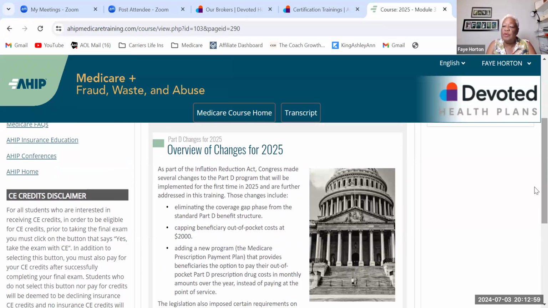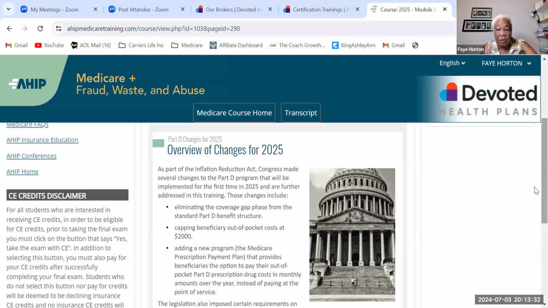This is an overview of the changes for 2025. As part of the Inflation Reduction Act, Congress made several changes to the Part D program that will be implemented for the first time starting January 1, 2025, and are further addressed in this training. These changes include eliminating the coverage gap phase from the standard Part D benefit structure.